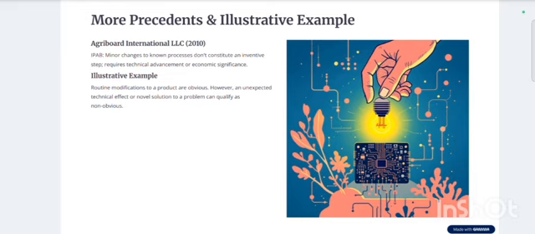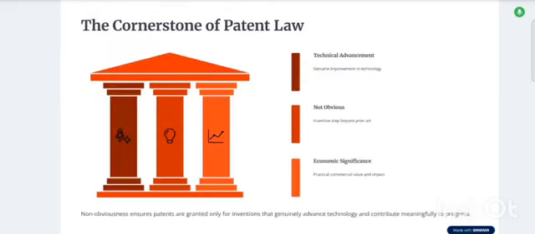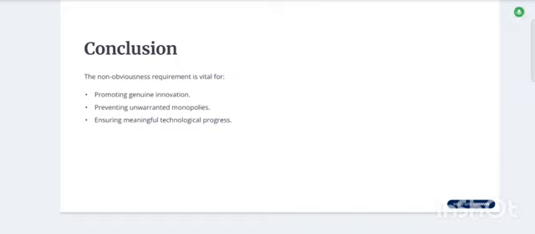In conclusion, the non-obviousness requirement is a cornerstone of patent law. It ensures that patent protection is granted only to inventions that involve genuine technical or economic advancement, are not obvious to professionals skilled in the field, and contribute meaningfully to technological progress.